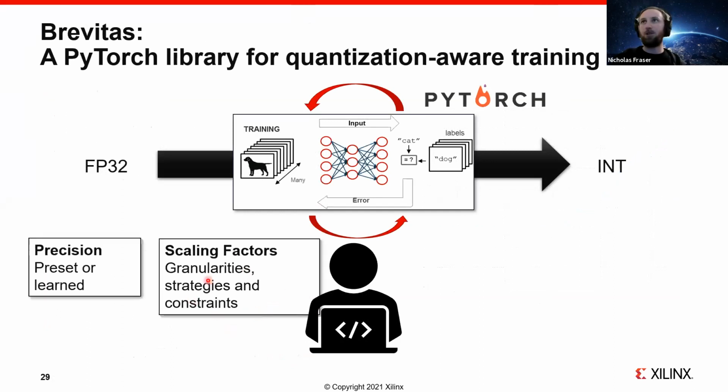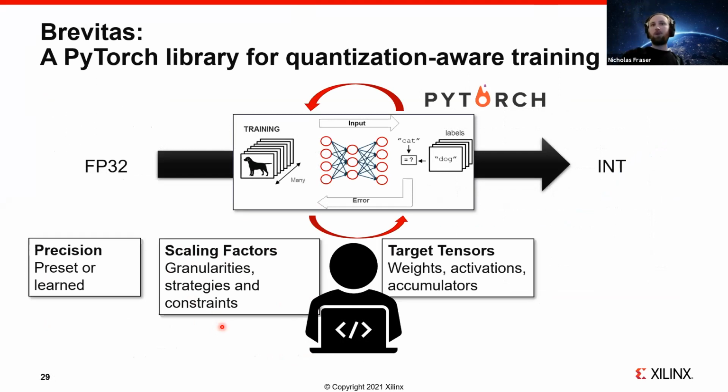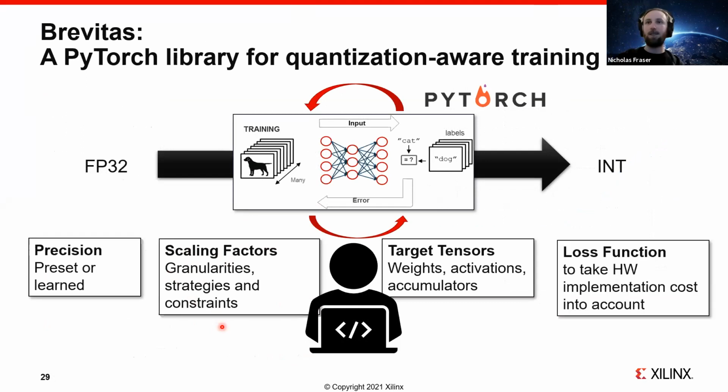It also allows you to use the broadcasting semantics within PyTorch to allow your tensors, so like, let's say your weight tensors, to have different quantization formats within one tensor, if that's something that you want to be able to do. It is something we exploit in FINN. It allows you to quantize weights, activations, and accumulators, right?